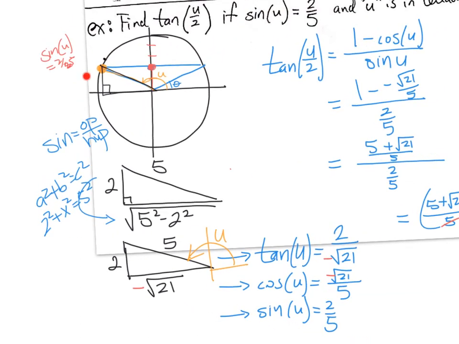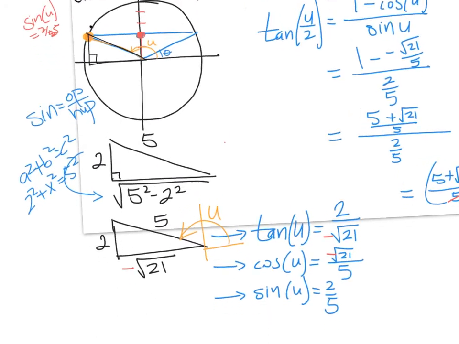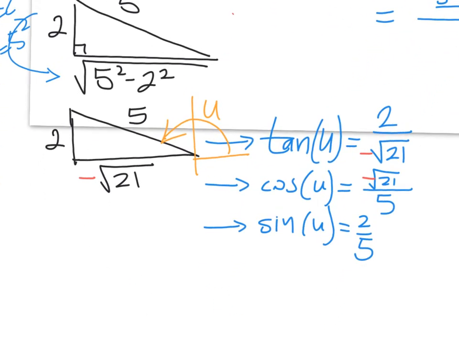We're going to see this a lot. Based on this information, we could say that the tangent of that angle is opposite over adjacent. We could say that the cosine of that angle is adjacent over hypotenuse. Let me zoom in here. And we could say that the sine, well, we knew this already, is 2/5.